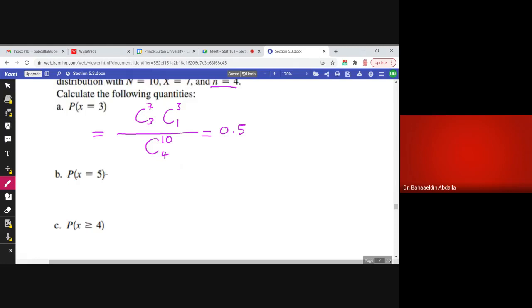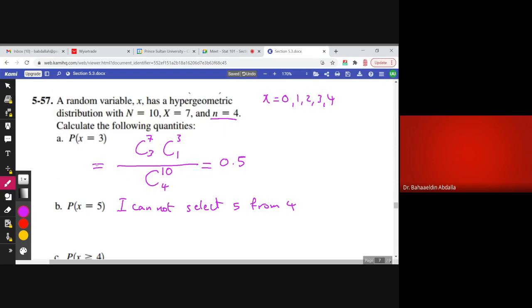What is the probability of x equals 5? Can x be 5? In fact, I cannot select 5 from 4.